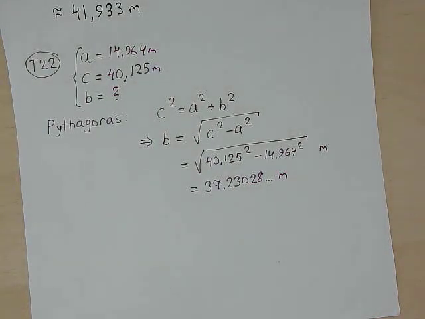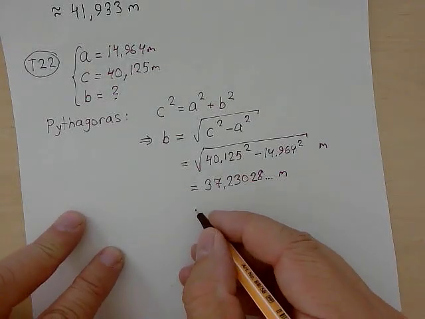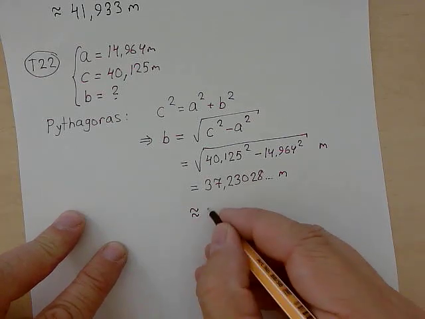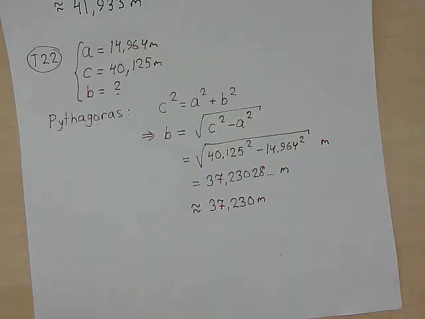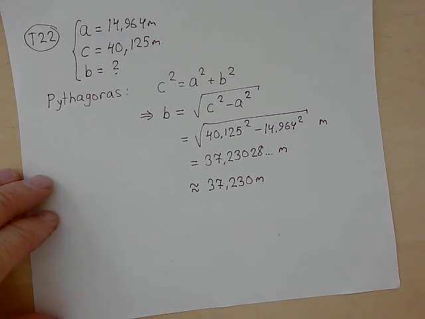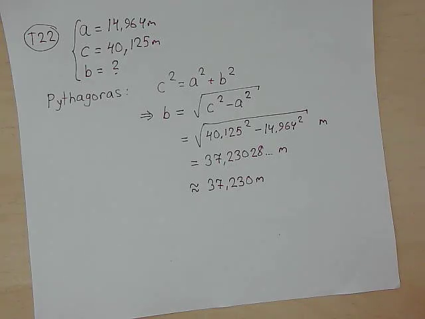And how will I round this to 3 decimal places? 230. You don't even need to write the zero, so it doesn't mean anything.